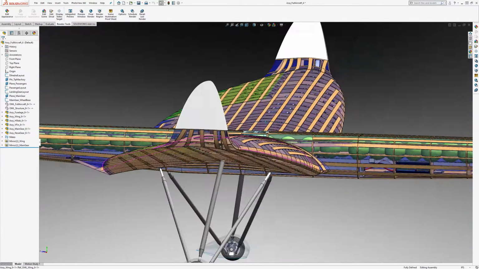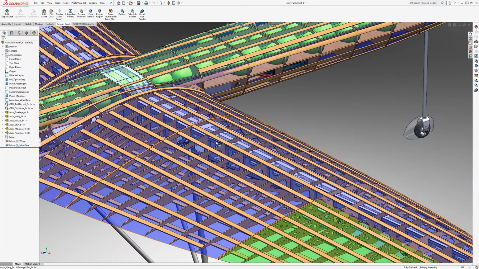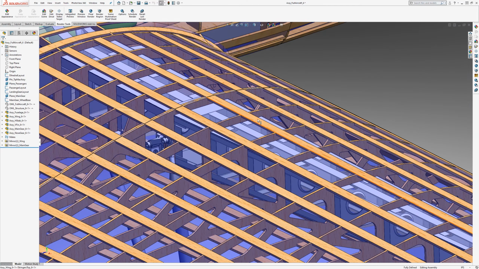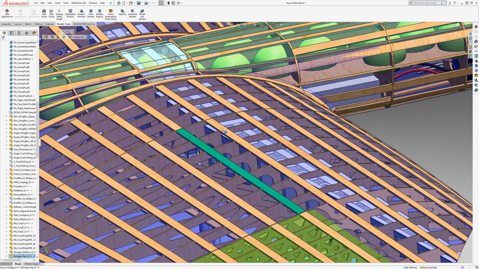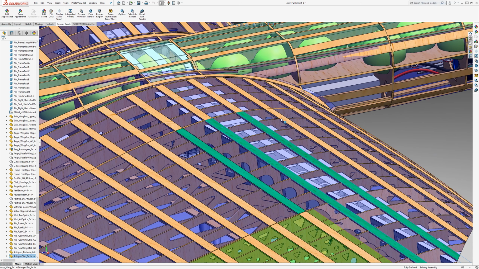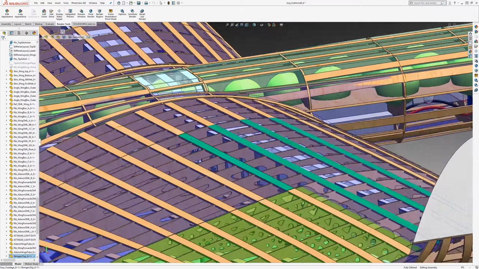Now you might be thinking that, hey, if this wing is in bending and we have this internal wing box here, the aluminum structure, why aren't these stringers that are all the way on the outer surface of the wing also helping it in bending?